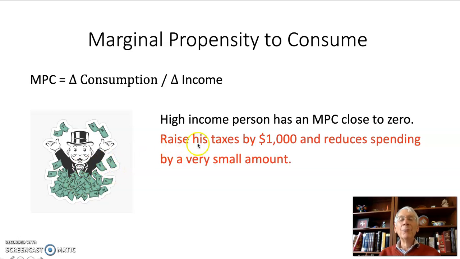Well, if you have a lot of money and we raise your taxes by $1,000, you're not going to spend that much less. Suppose we raise Bill Gates' taxes by $1,000. He's not going to cut back spending very much. High-income people have a very low marginal propensity to consume. Take away $1,000, they reduce their spending by a very small amount.